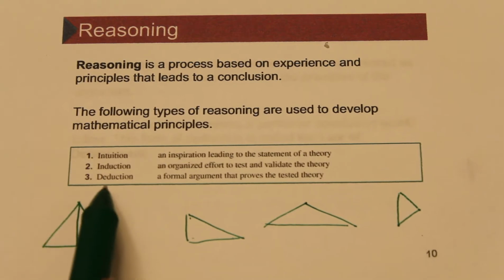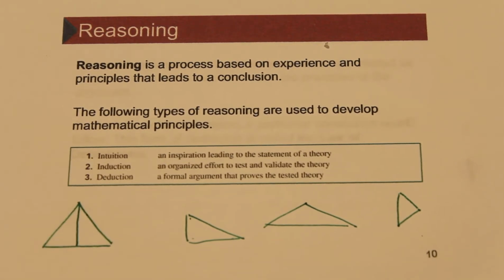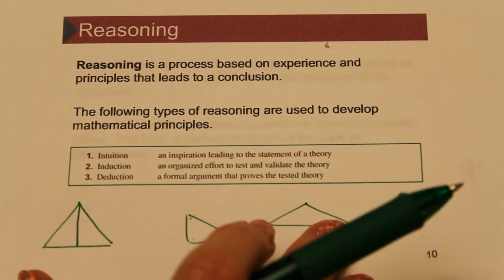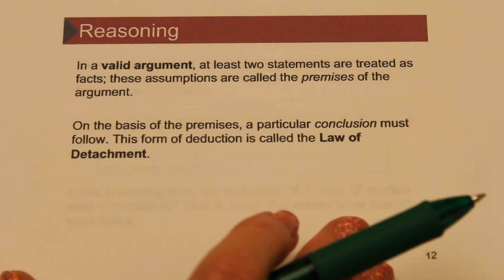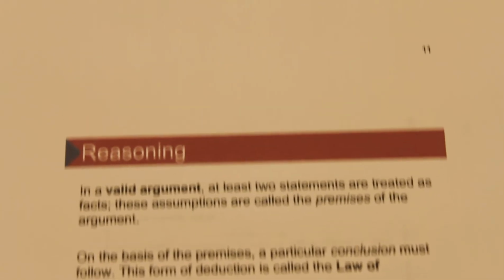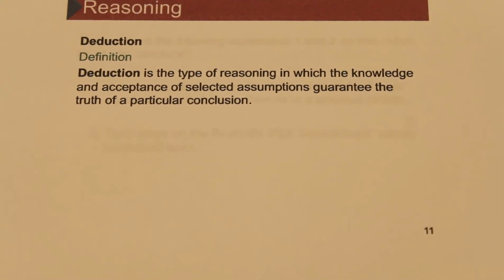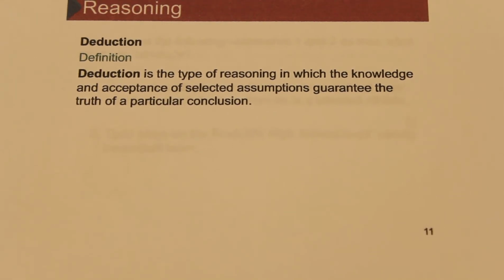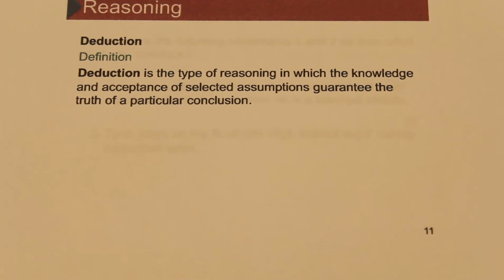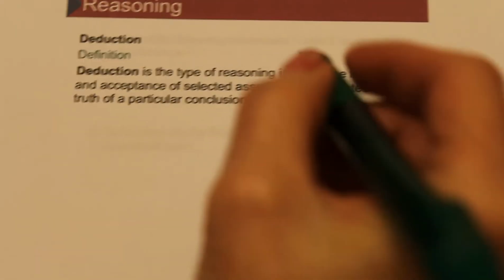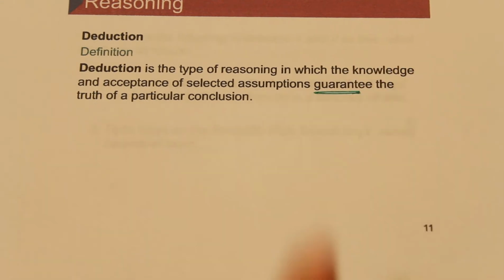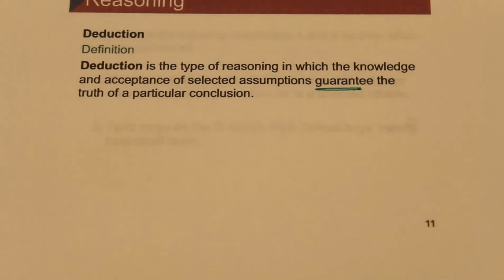But what we want to use for geometry is deductive reasoning. Deductive reasoning is a reasoning process where you are actually able to prove, you can guarantee, that your conclusion is true. It's a type of reasoning where the knowledge will guarantee or prove a certain conclusion, which is what we want.